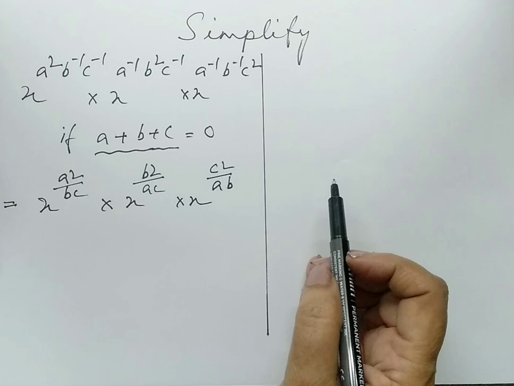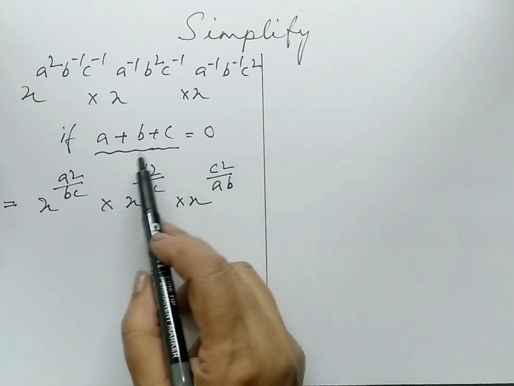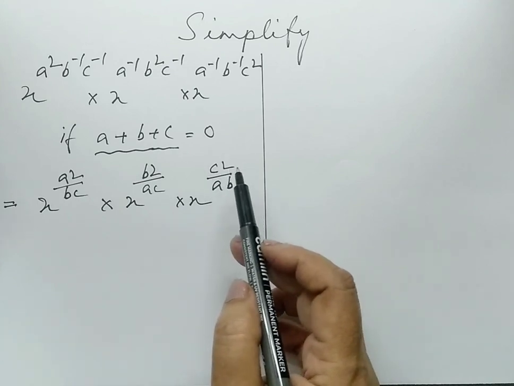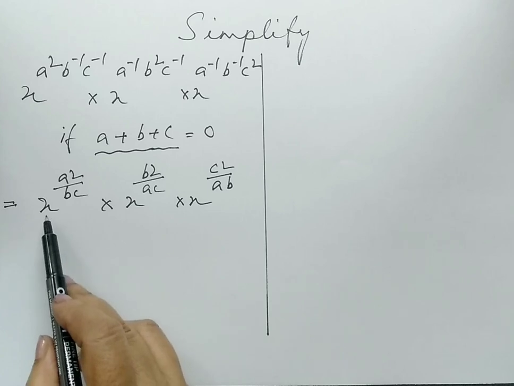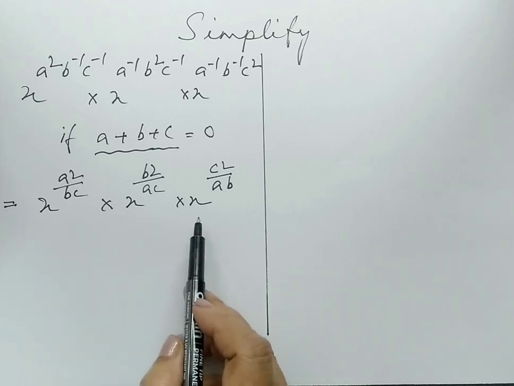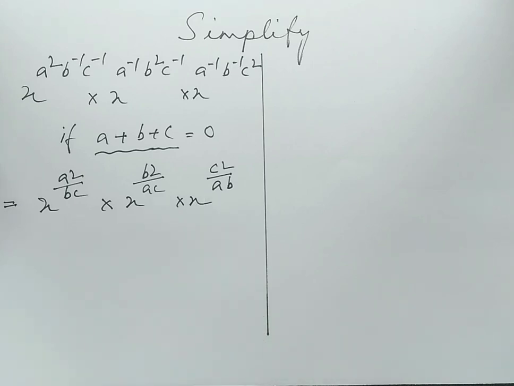So we have this condition a plus b plus c equals 0, which we will be using at some point. Now because we have the same bases, we have to add up the powers.